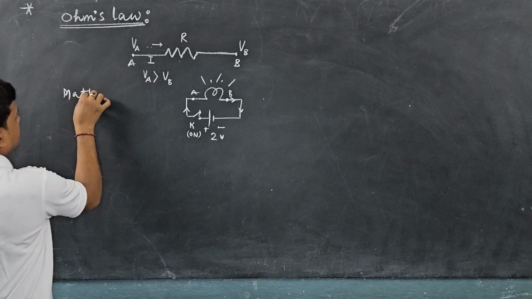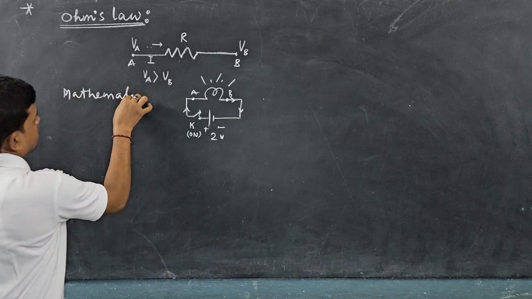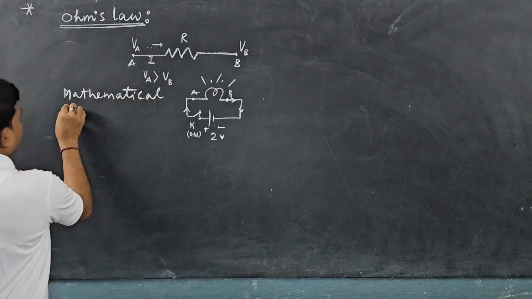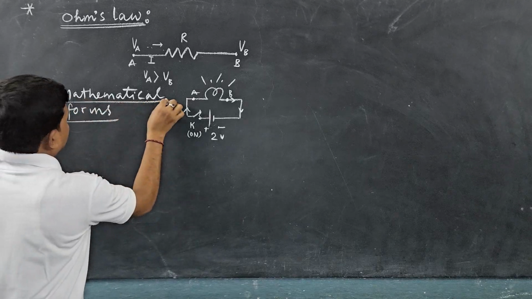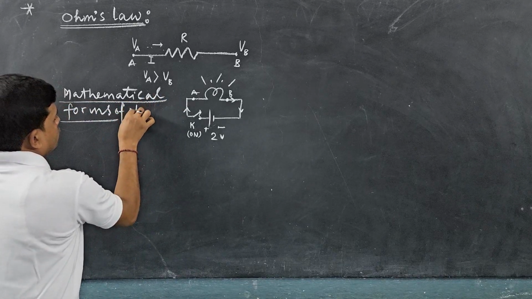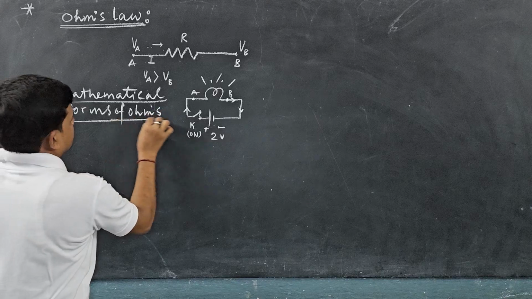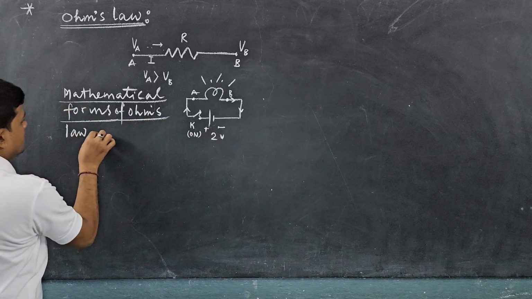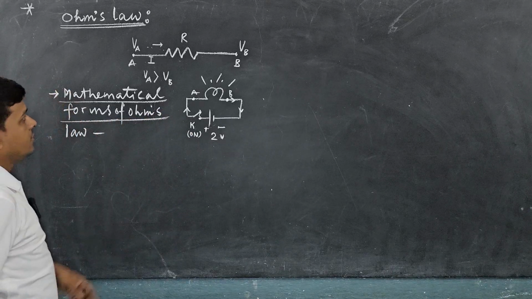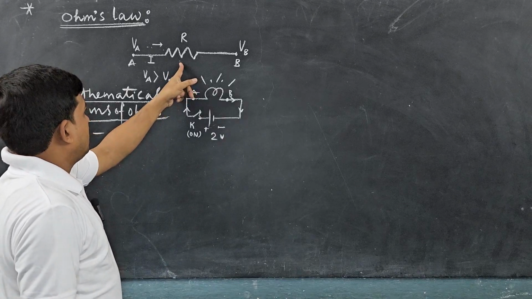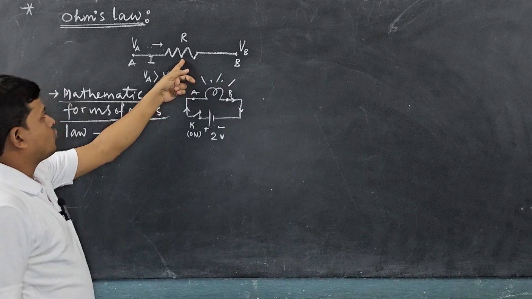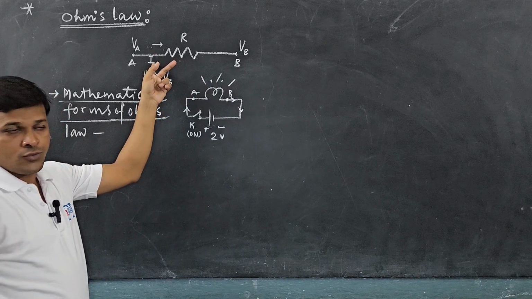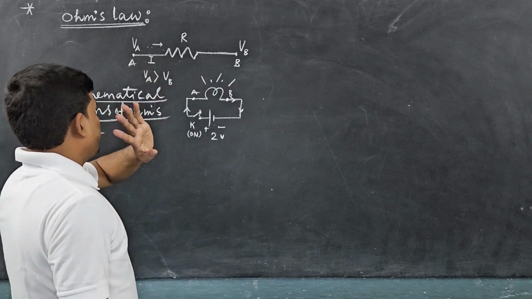Mathematical forms of Ohm's law. Then you have to write. First, you have to draw this. AB is the wire offering resistance R, through which I is the electric current flowing.